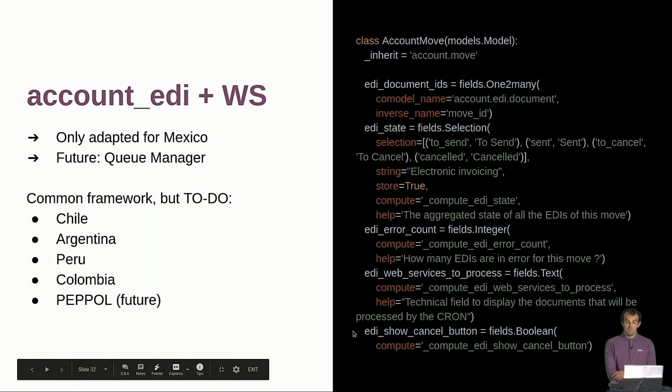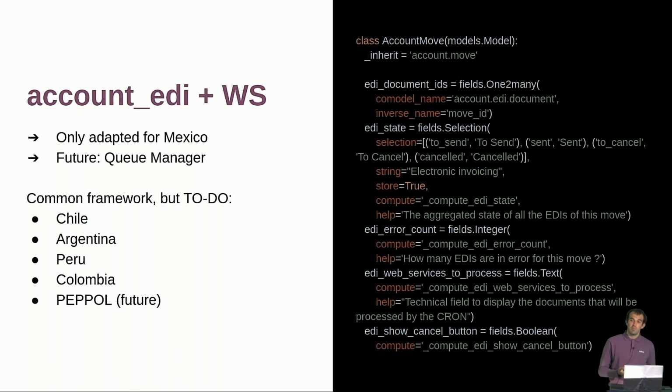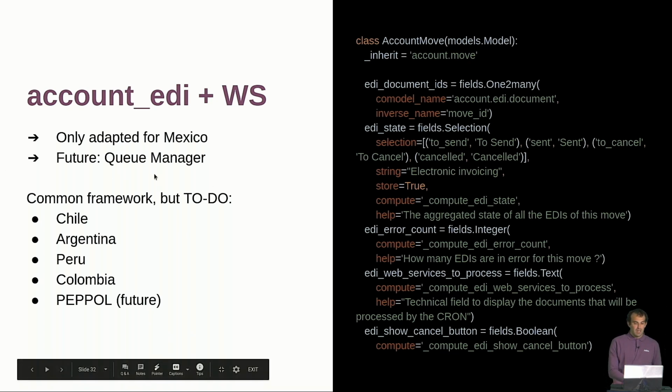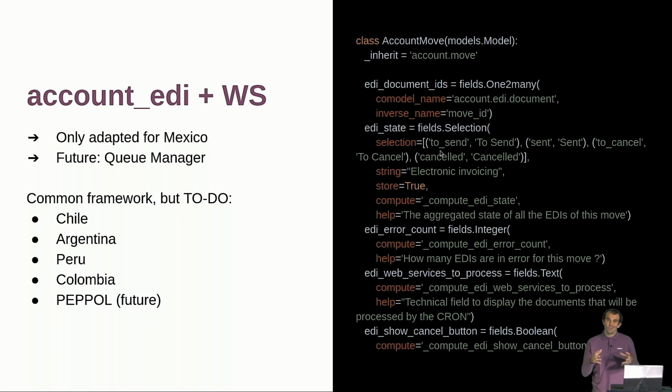Sometimes you don't want to show the cancel button on the invoice, because if it has been approved by the government, you don't want the user to cancel it anymore. And so this account EDI module is like a common framework that we try to implement.